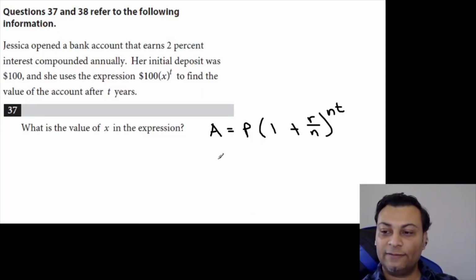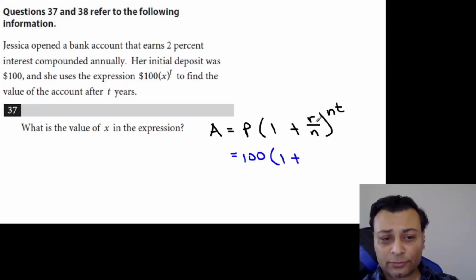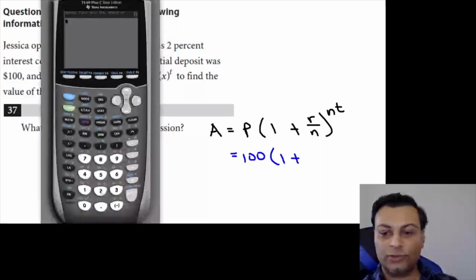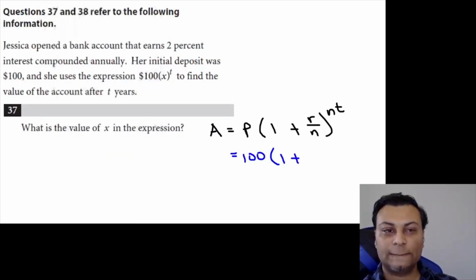So we have the amount would be, she's got $100 to start out, $100 times 1 plus, her rate is 2%. Now, let's use the calculator to do 2 divided by 100. You get 0.02. N is the number of compoundings that take place during 1 year. When you're compounding annually, that's once per year.